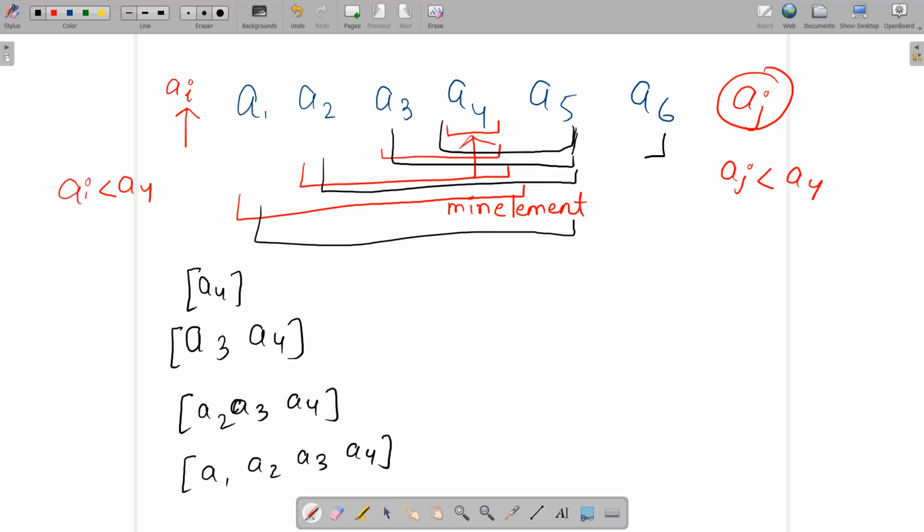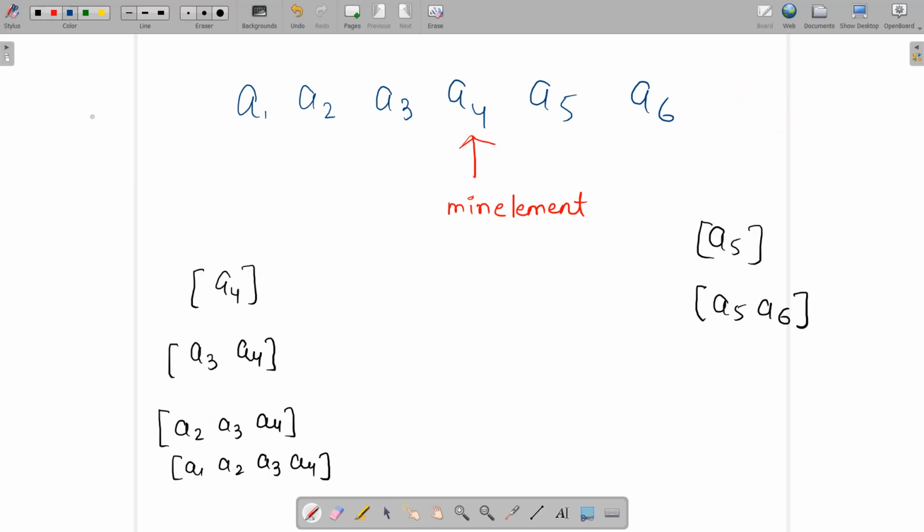Okay, so how are we going to find out the required sum efficiently? Let's try to focus on that. As I've already said, we are going to fix this minimum element. Now I will divide this entire segment A1 to A6 into two parts, and we will try to find the subarrays that always include this minimum element.